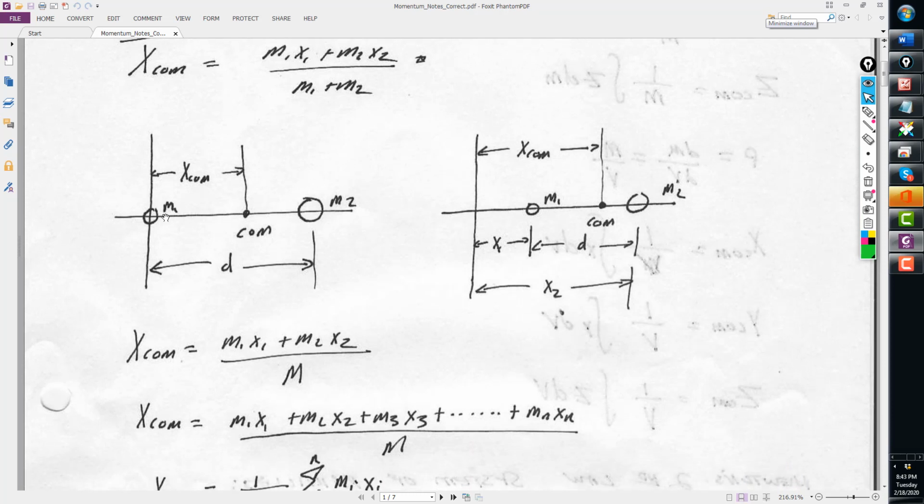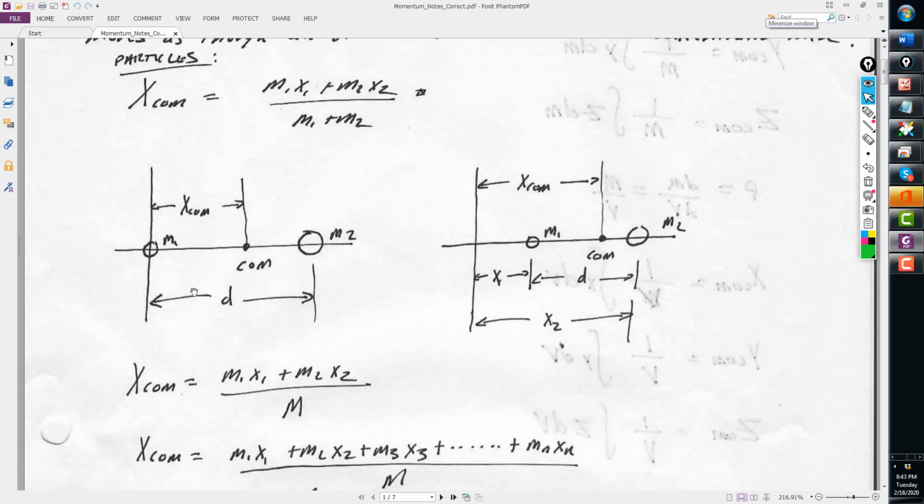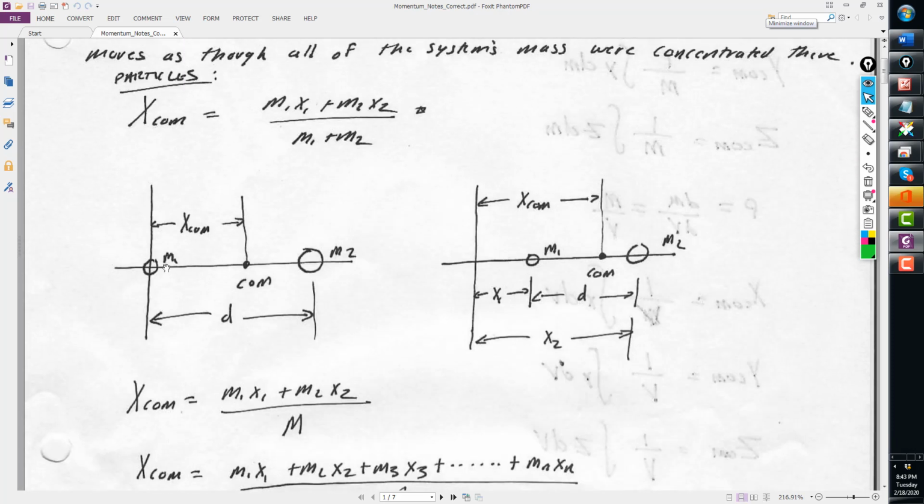So if we look here, you can see, like I said, on the left-hand side that this is from the origin. The origin is on mass 1. But if the origin is not on mass 1, then you have to include that new distance from the origin to mass 1 and then the distance to mass 2. Now notice that the center of mass is going to be in between these two masses.